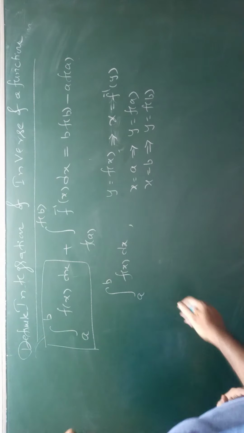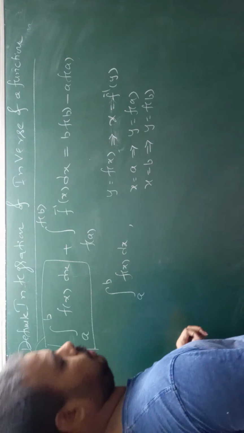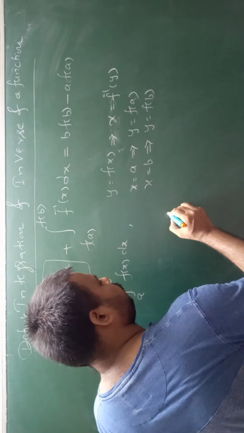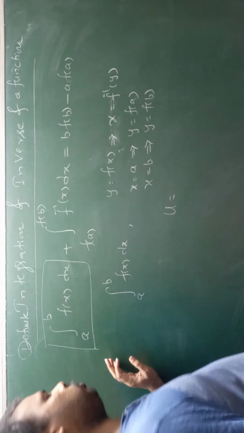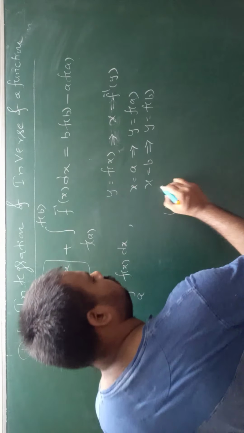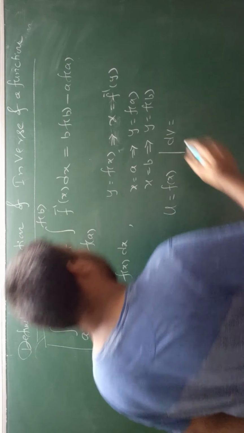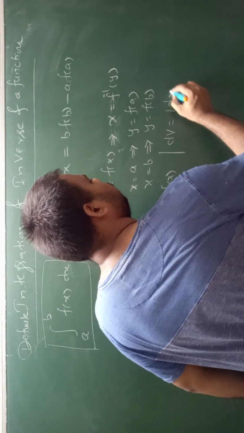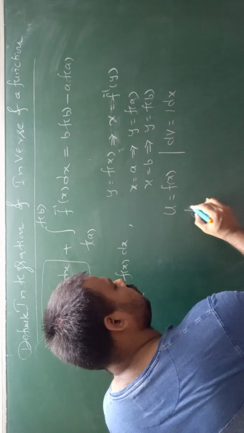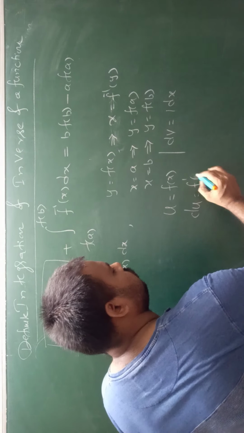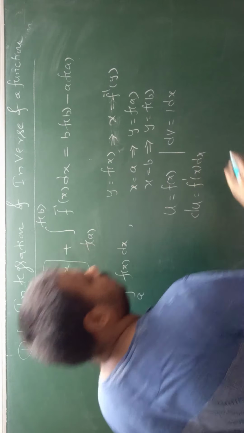Now I am using that by parts formula. For that by parts formula, first of all you can assume that u is equal to f of x and dv is equal to 1 dx. Therefore du is equal to f dash of x into dx.